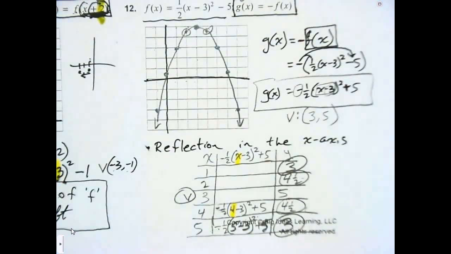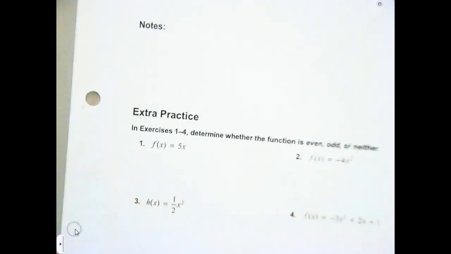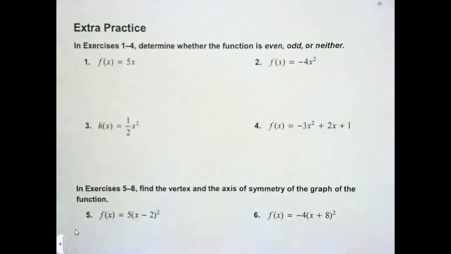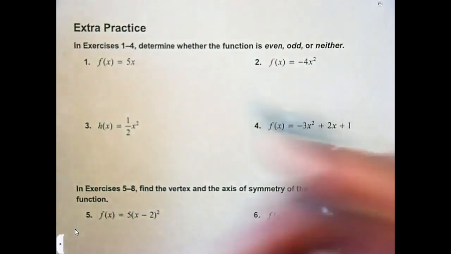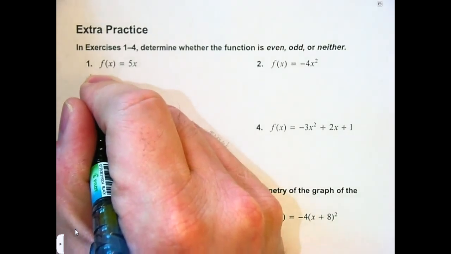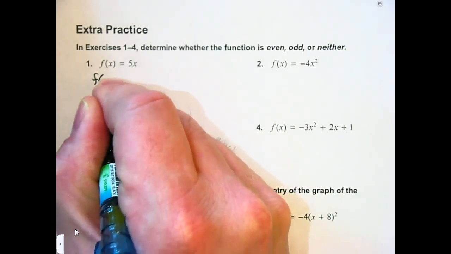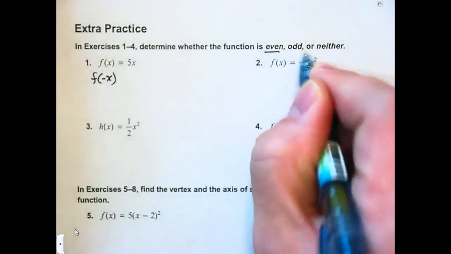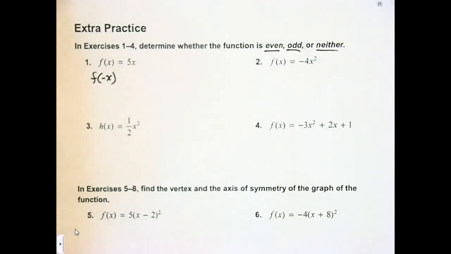So switch over to page 263. Determine whether it's odd or even, or neither. Okay, odd functions do this. If I find f of negative x, which is the first thing you always need to do to determine if a function's odd, even, or neither, you need to find f of negative x.